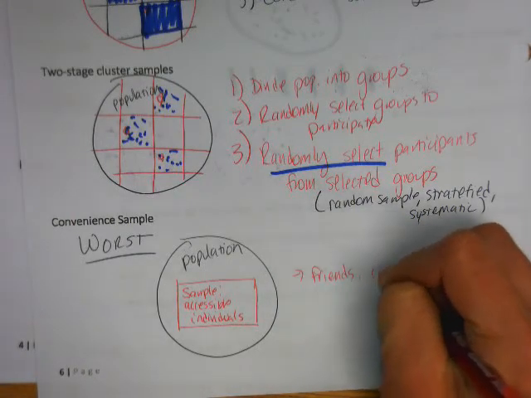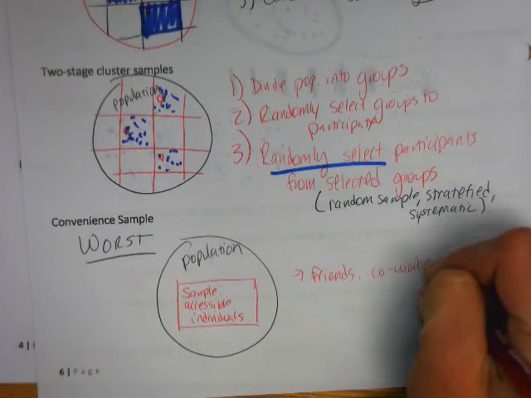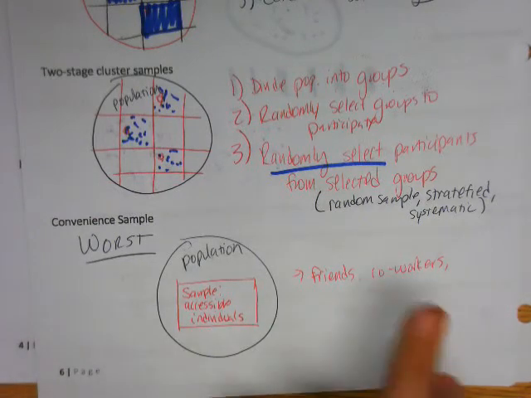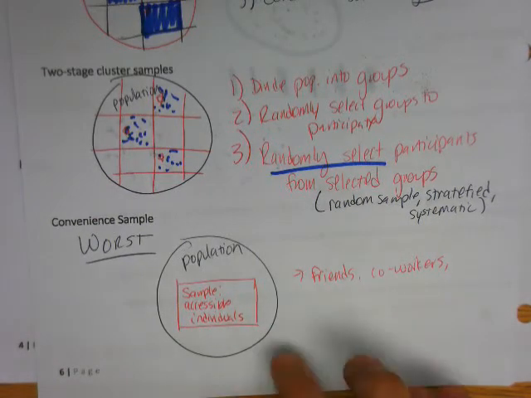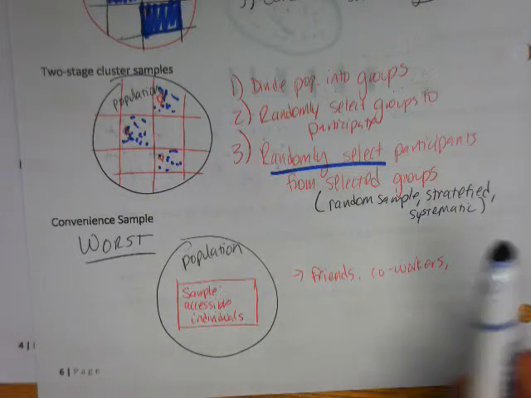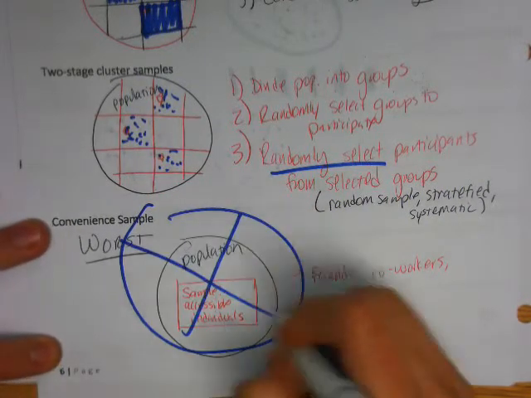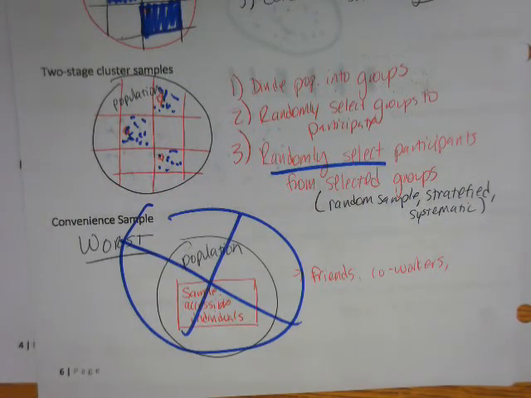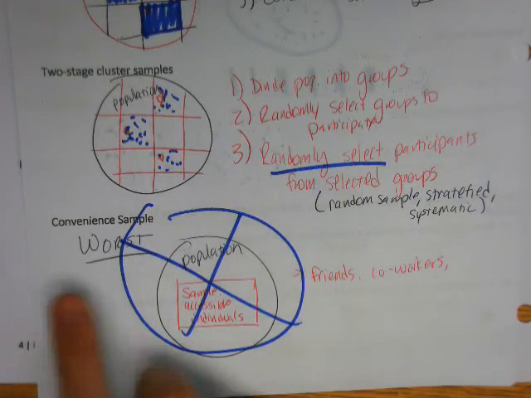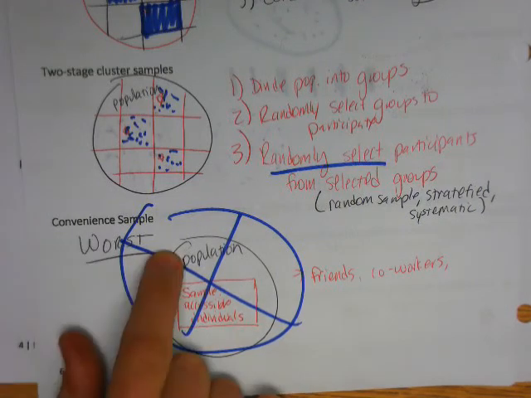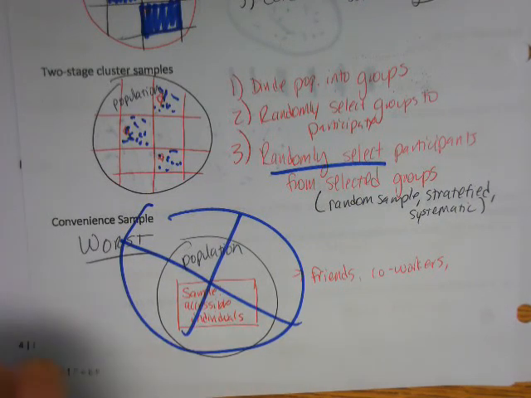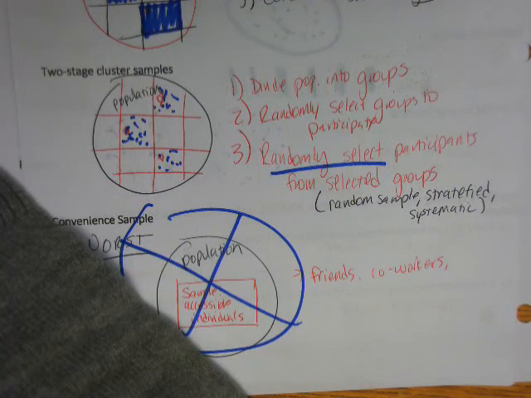So an example of this might be you choose your friends, co-workers, basically people who would be really easy to give your survey to. And this is by far the absolute worst way you can do it. We do not want to do this. But it's good for us to be able to identify what kind of samples are convenient samples.